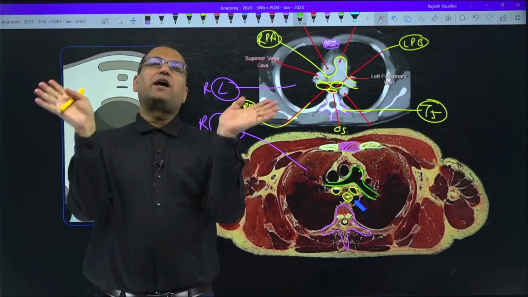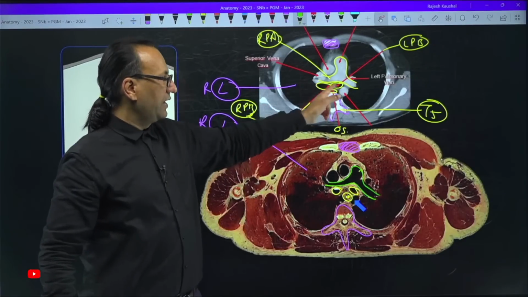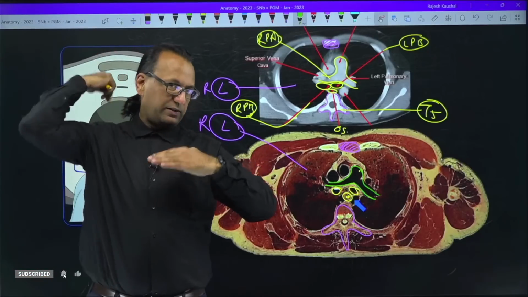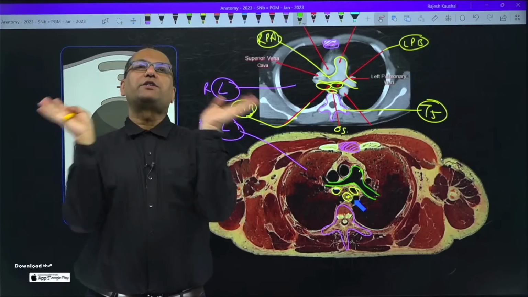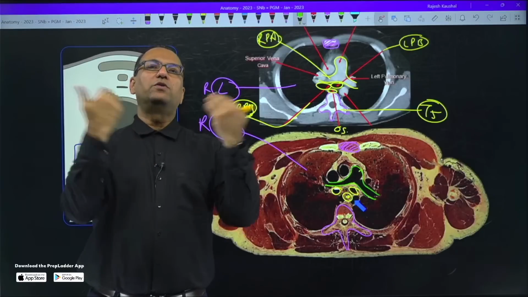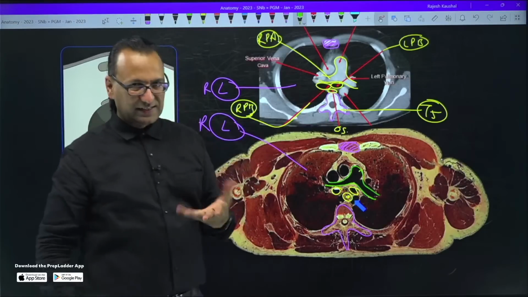Pulmonary trunk bifurcation occurs at the same level where you have the bifurcation of trachea, disc between T4 and T5. So at vertebral level T4, T5, you have tracheal bifurcation and you have pulmonary trunk bifurcation also. From the right ventricle, you have pulmonary trunk bifurcating into right pulmonary artery, left pulmonary artery. So same level it is happening.